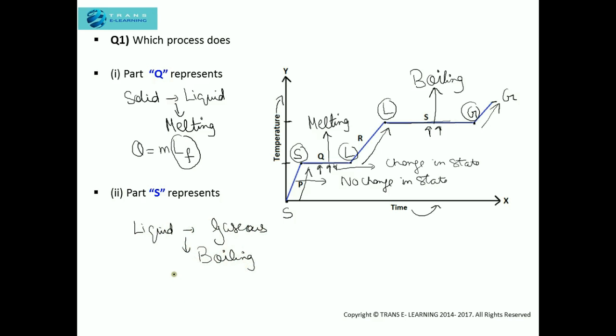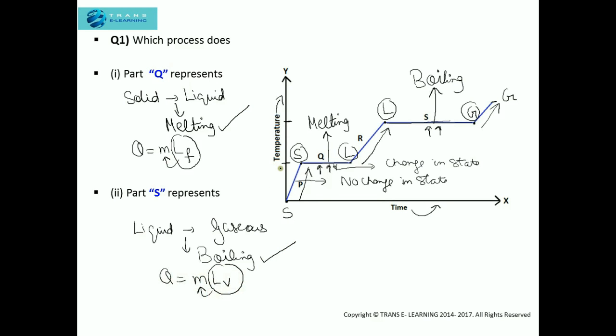And if we take the heat absorbed into consideration, then the heat absorbed will be M into L. L represents the latent heat of vaporization. M represents the mass of the substance. In this case also M represents the mass of substance. So part Q represents melting, and the part S represents boiling.